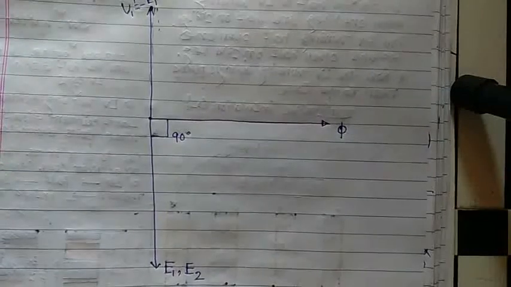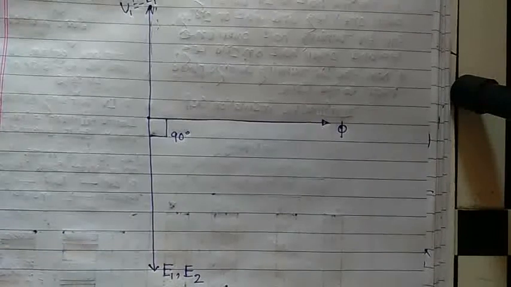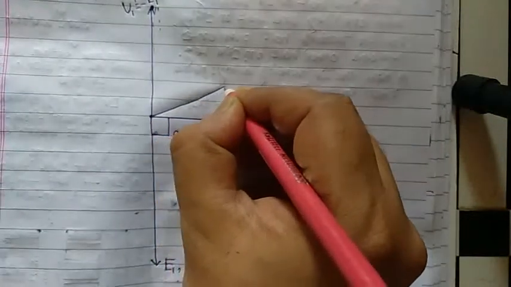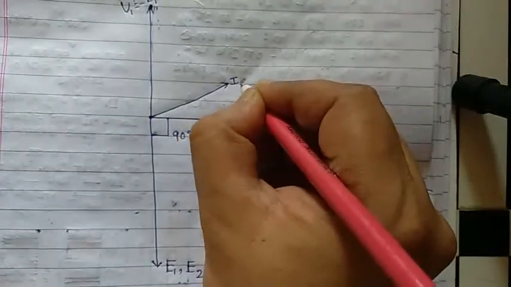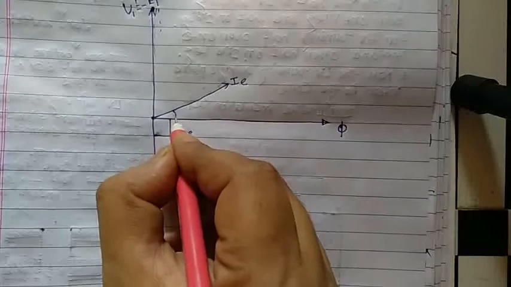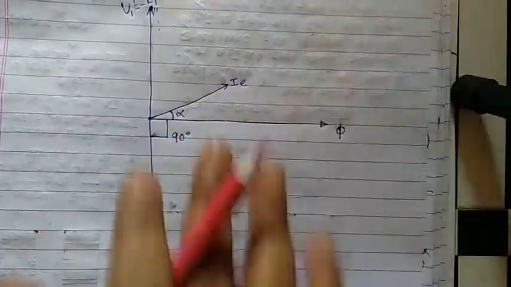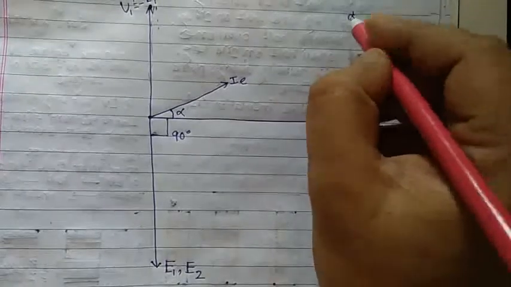Now exciting current IE, as we discussed before, leads the flux at an angle alpha, that is the hysteretic angle. So this is suppose your exciting current, and that angle is alpha. Alpha is your hysteretic angle.